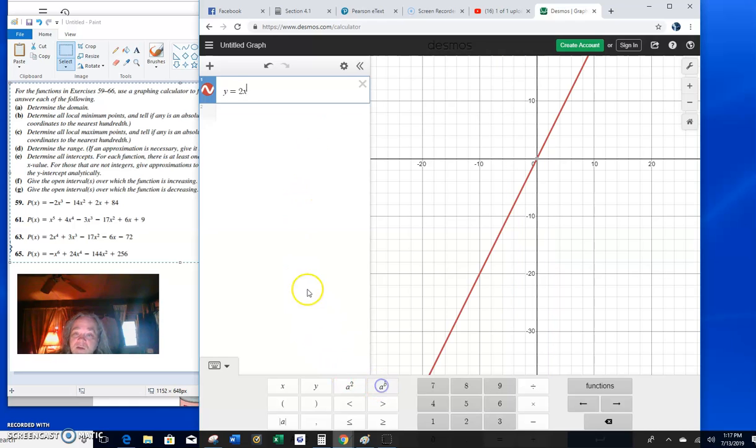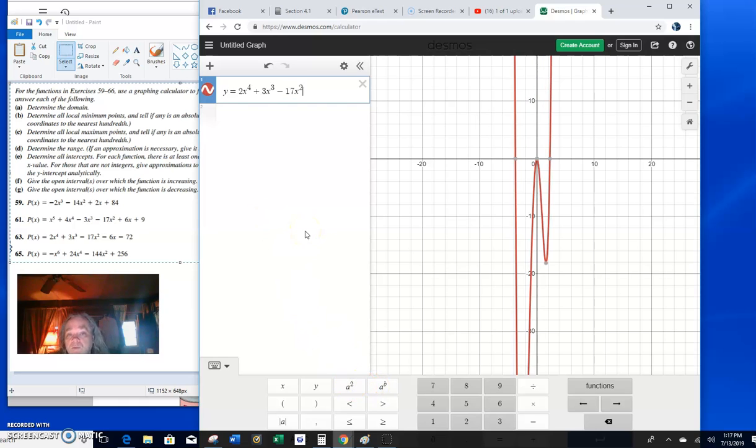We have 2x to the fourth power plus 3x cubed minus 17x squared plus 6x minus 72.